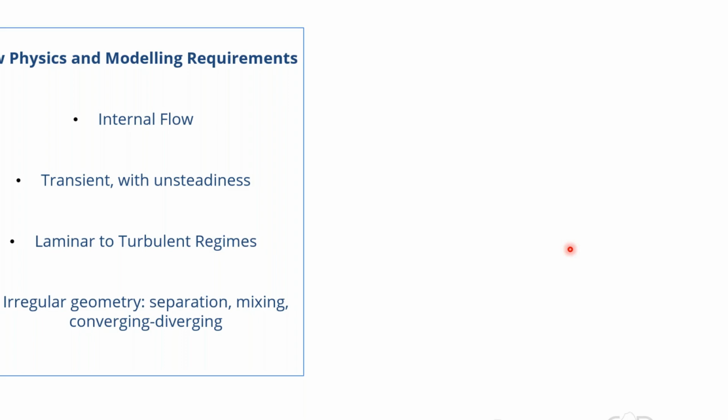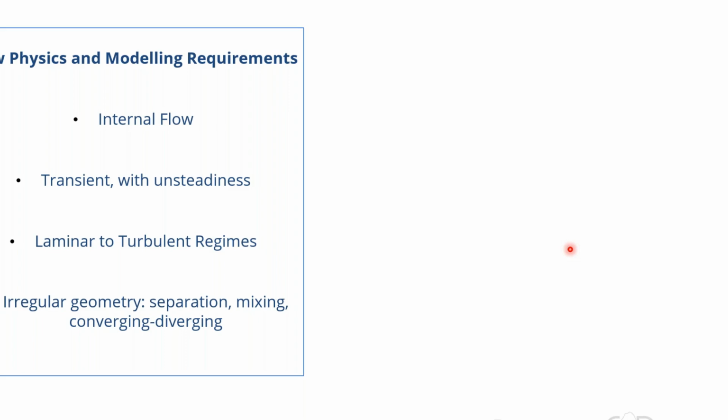And with that acceleration, deceleration, it's got an inherent unsteadiness to it. And as we're shifting from high breathing to low breathing, the flow regimes move from laminar into turbulent. And you saw before that there's quite irregular geometries. The geometries are quite irregular, highly curved, and not many smooth passageways at all.